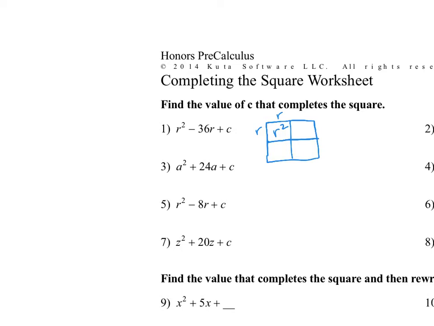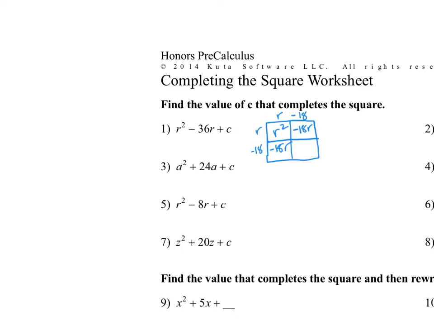Okay. Now we have negative 36r. So if I take that negative 36 and I split that in half, that's going to give me negative 18. So this is going to be in this box over here, negative 18r. And over here, negative 18r, giving us a total of negative 36r.